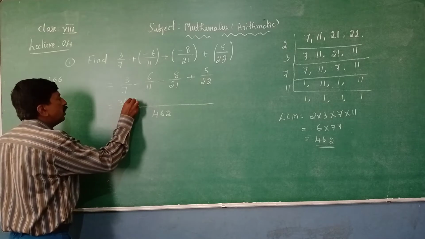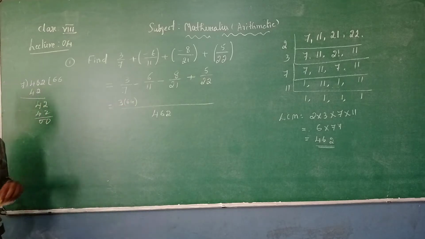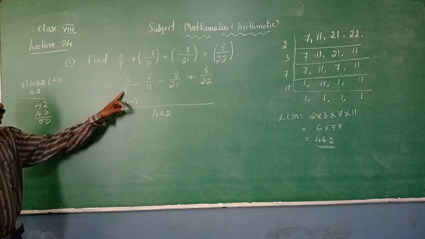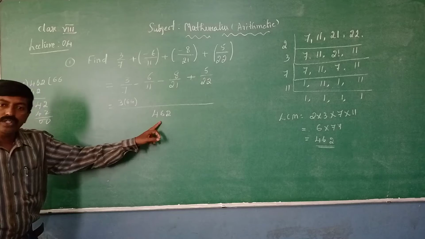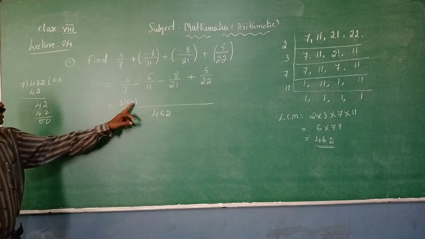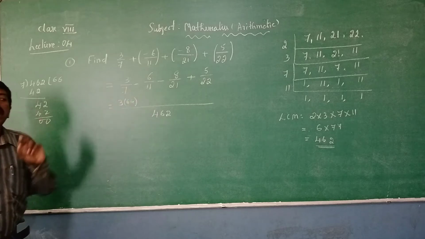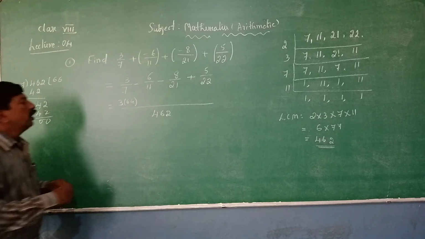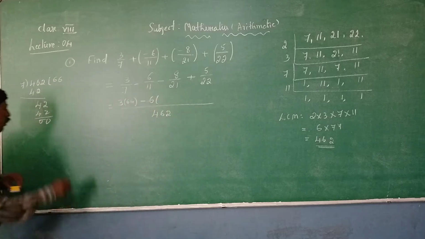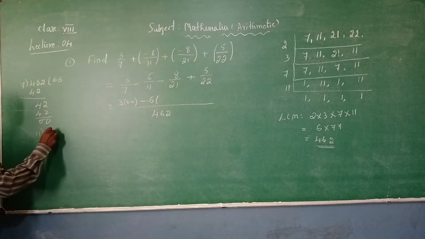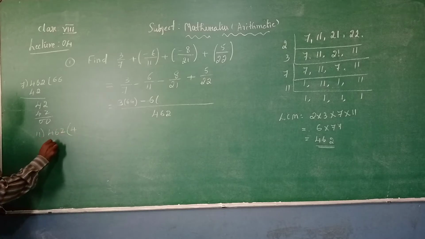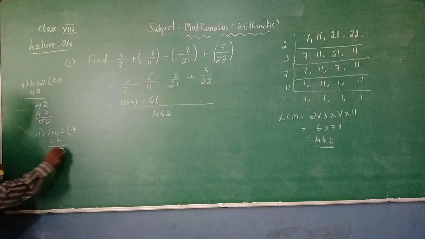Therefore 7 divides 462 66 times. That 66 you can write here. What we did here: 3 we have written as it is. 7 divides 462 66 times, and 66 into 7 is 462. Now minus 6 you can write as it is. 11 divides 462: 11 fours are 44, remaining 2.